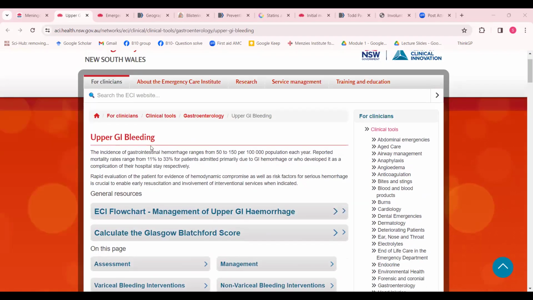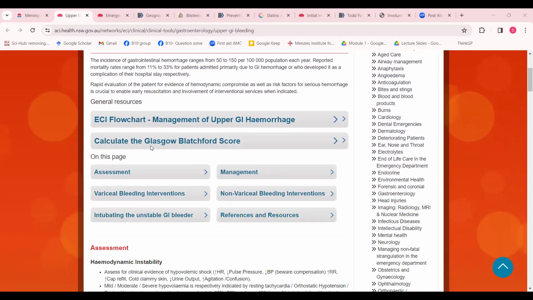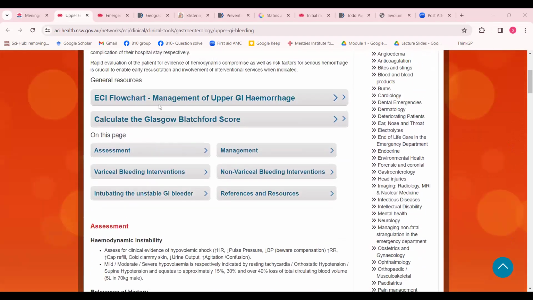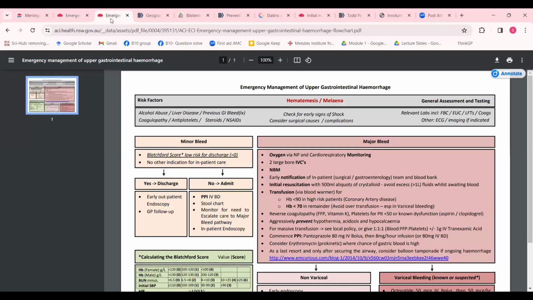Now for upper GI bleeding, you have a nice flow chart for the management. So let me take you to that. This is the emergency management of upper GI bleeding. When you have a patient with hematemesis or melena, you're going to see whether it's a major bleed or a minor bleed. If it's a major bleed, you are going to do initial resuscitation first.